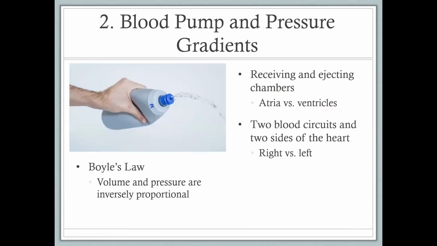And when you change the pressure, you create pressure gradients. And those pressure gradients cause the blood to flow. So to summarize what step number two is, we need to go back to understand the atria and the ventricles, that one set are receiving chambers and one set are ejecting chambers.